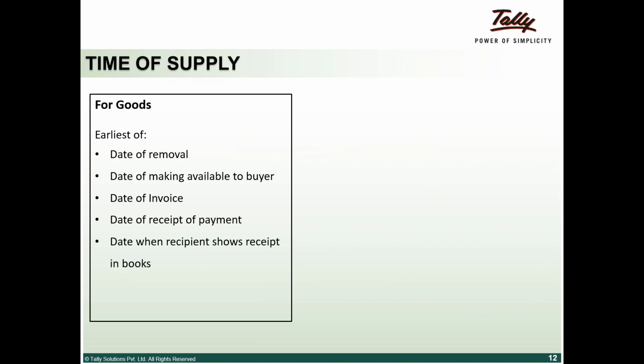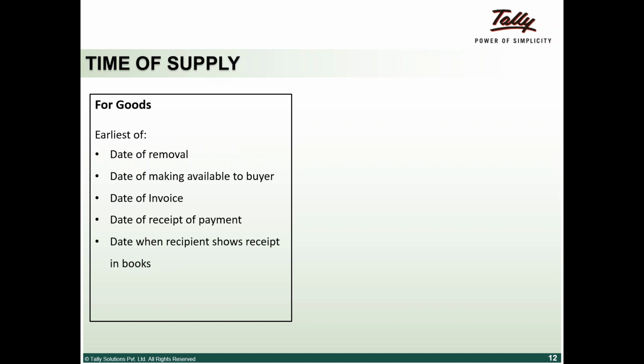Next is the time of supply. We have seen goods, services, and supply. Now, at the time of supply, when I need to charge the tax, that is important. For goods, it is the earliest of the following.